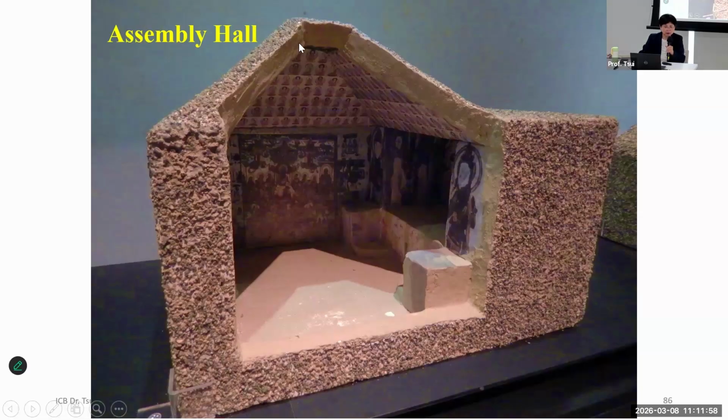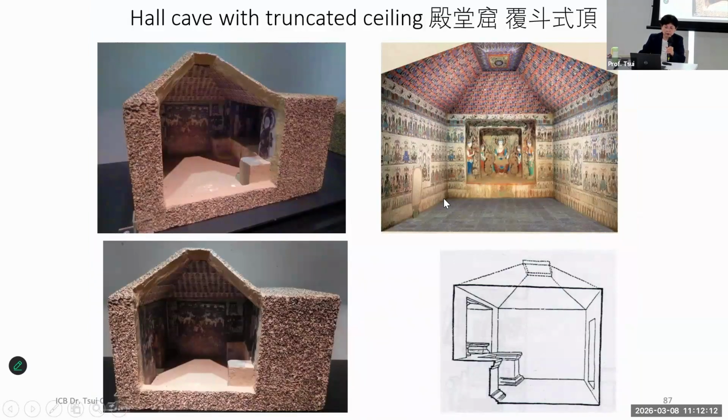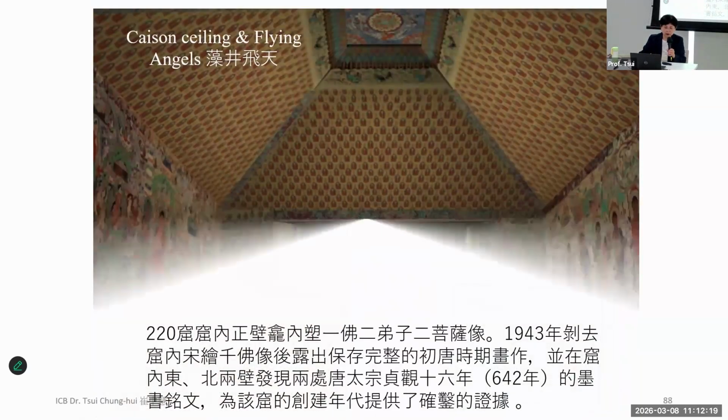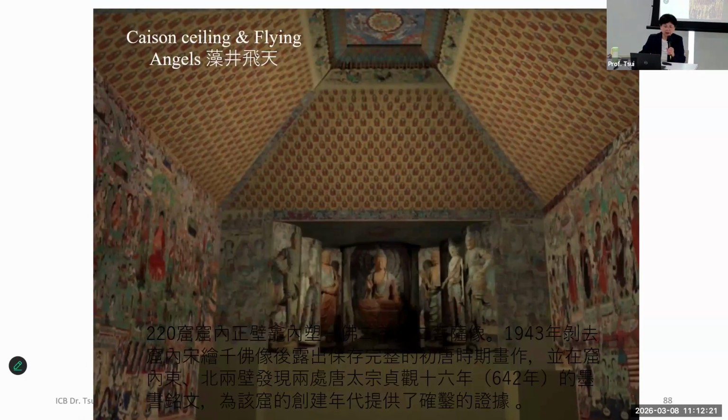We have the truncated pyramidal ceiling, and a main area for worshiping the Buddha's sculpture on the main altar. This is one of the very popular types of architecture in Dunhuang, especially in the Sui and Tang dynasties.